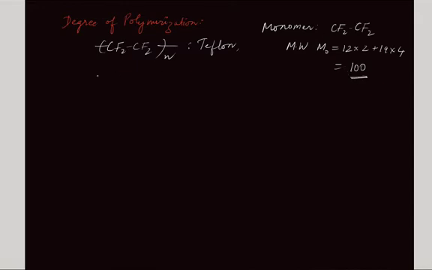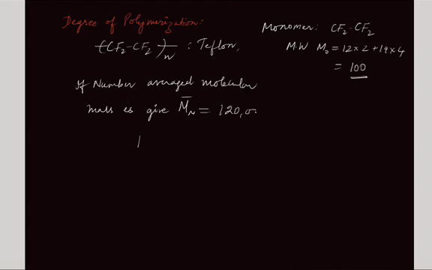Now imagine the molecular mass is already given. Usually it is the number average molecular mass. So if the number average molecular mass is given, we should write it as Mn. For this example, let me take some value, maybe 120,000.